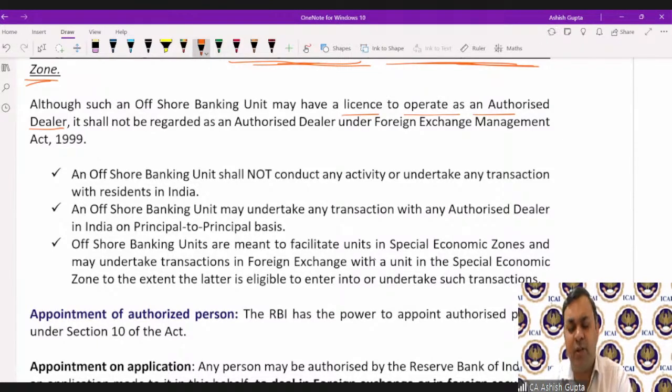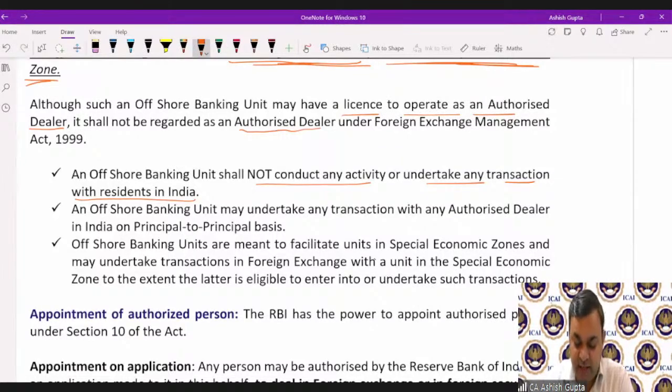Although RBI issued a license, they will not be treated as an authorized dealer under the FEMA Act. An offshore banking unit shall not undertake any transaction with a resident in India, obviously, because whenever there is FEMA, they will interact with persons resident outside India.